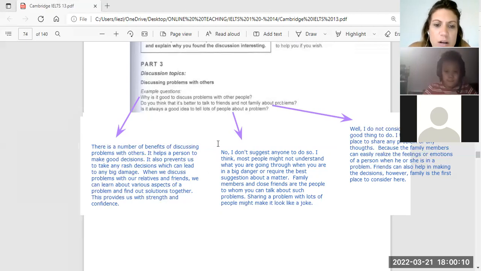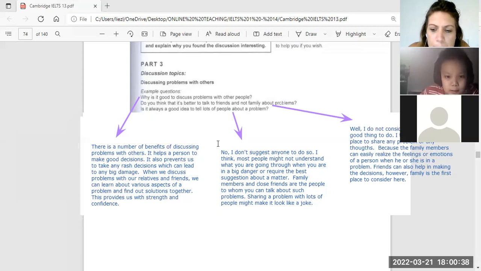What do you think, Khan? Should you tell your problems to lots of people? No, I don't suggest anyone to do so. I think most people might not understand what you are going through when you are in a big danger or require the best suggestion about a matter.